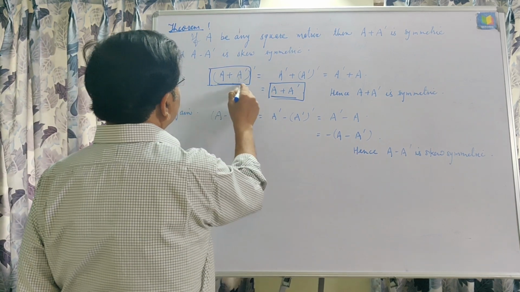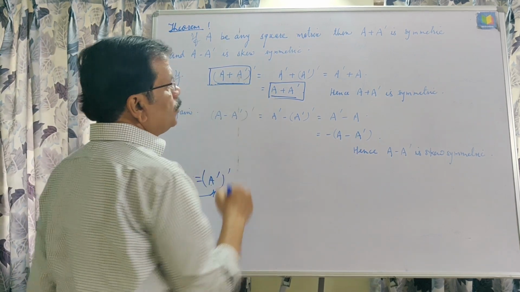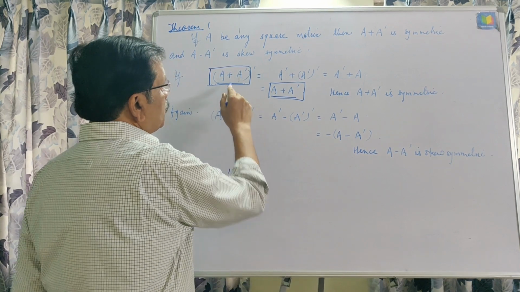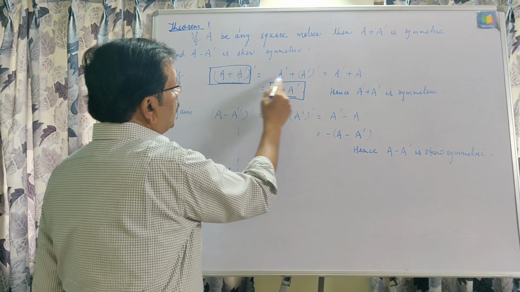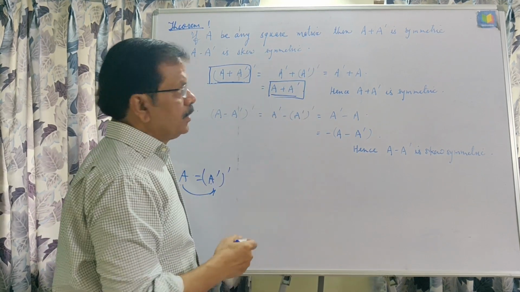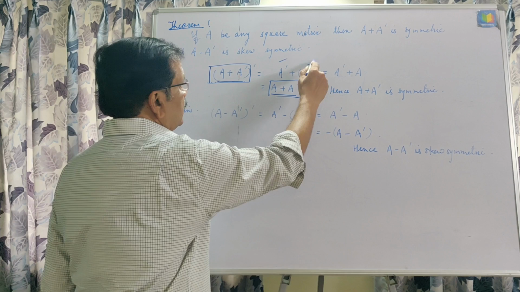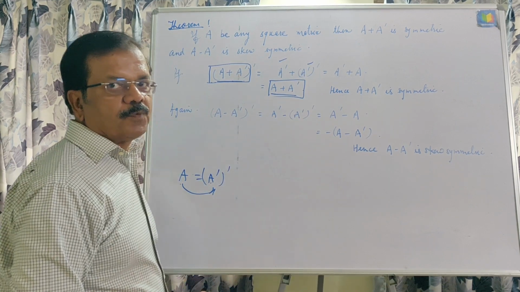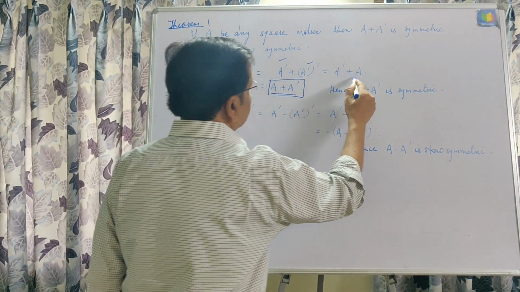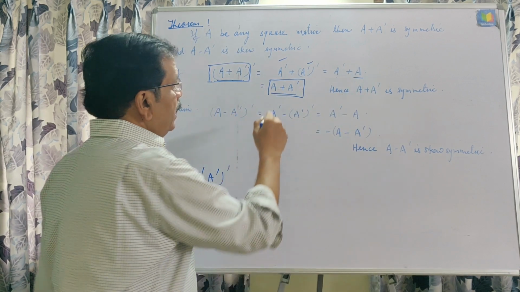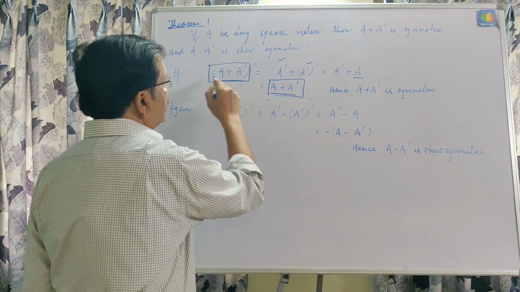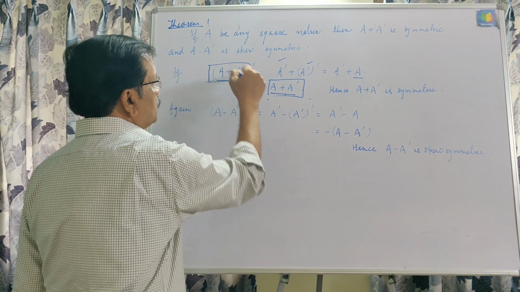Now taking the left hand side, A plus A transpose, whole transpose, using the property of transpose, this can be written as A transpose plus A transpose of transpose. The transpose of A transpose will be equal to A itself, so A transpose plus A can be written as A plus A transpose.